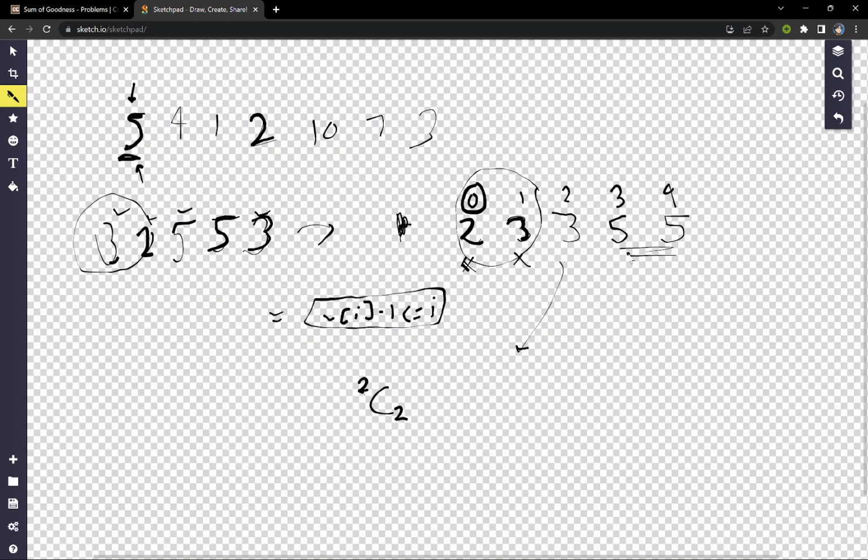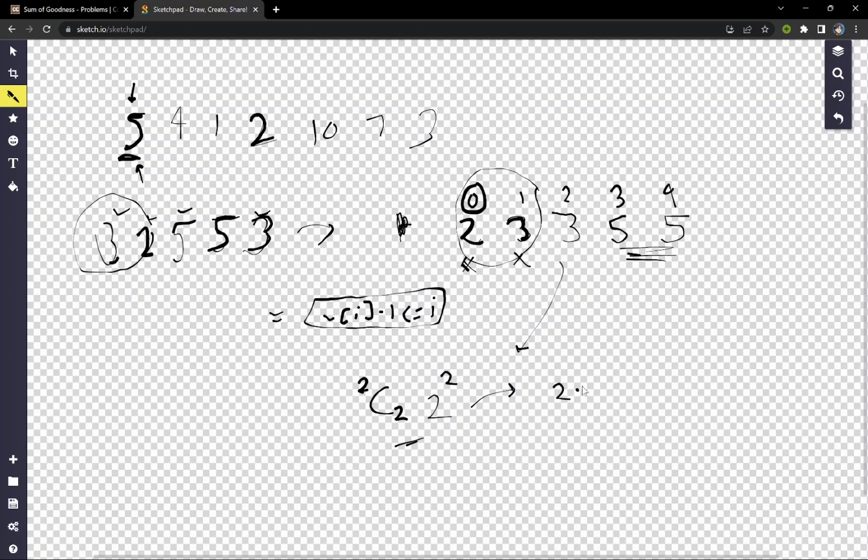So the total number of sequences will be 2C2 into 2 to the power of the numbers after it. Let me show why it has happened.